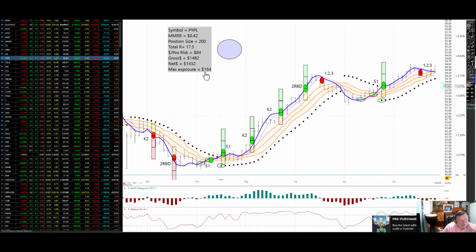And then max exposure, when I had all 4 of these going at half an hour risk of retracement, which is our very worst stop, 1, 2, 3 exit got me out just slightly above the half hour limit. So that was the most I ever had exposed, $164. So it's nearly a 10-to-1 max exposure to net gain. So that's my secret. Happy trading.